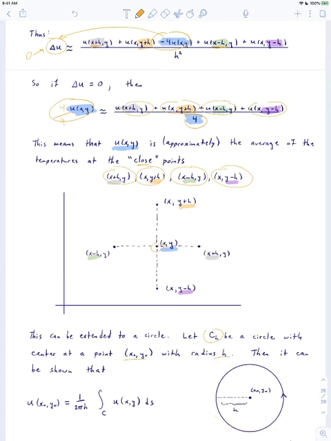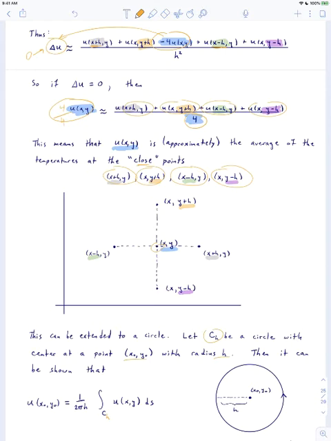So it can be shown, and it should be believable based on what we just saw here, that u at x0, y0 is the average value. So the average value along this circle, if you want to compute the average value along the circle, that is a line integral. So I said c, but it should really be c sub h.